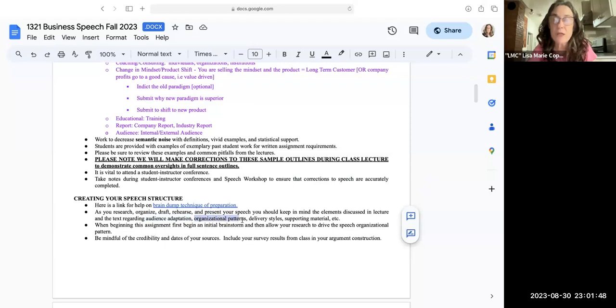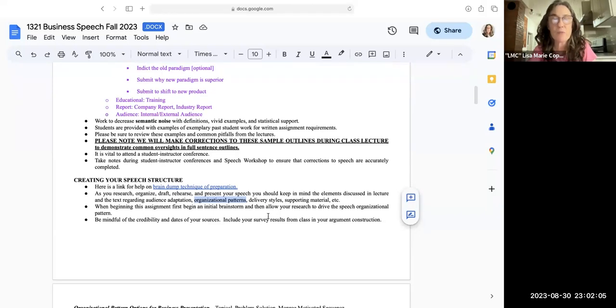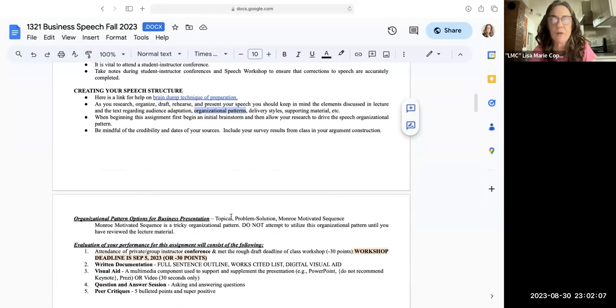There are different organizational patterns. Some lend themselves more to sales speeches versus an informative presentation. Informative presentation would probably be more chronological, and I really don't have this on this prompt. I really kind of focus more on the persuasive, and we can look at that right here: topical, problem solution, or the Monroe.